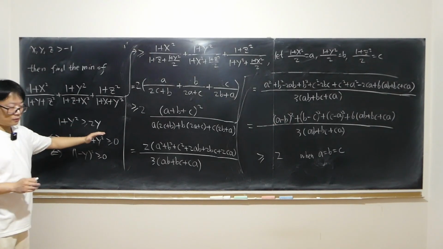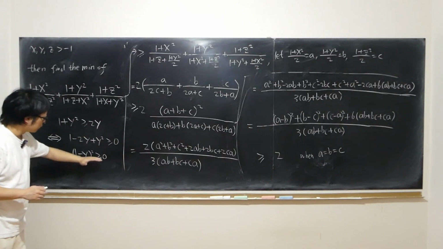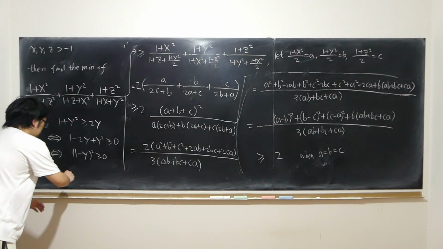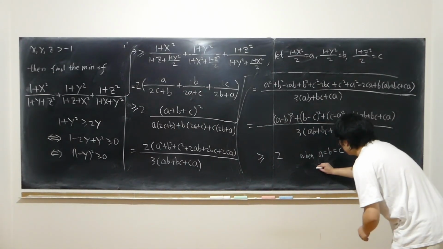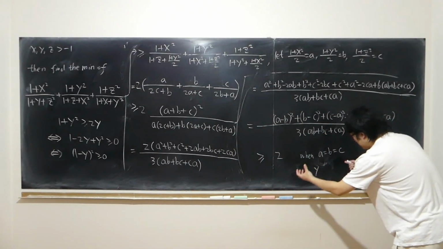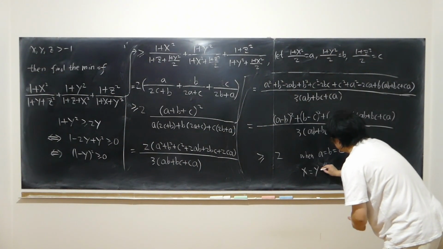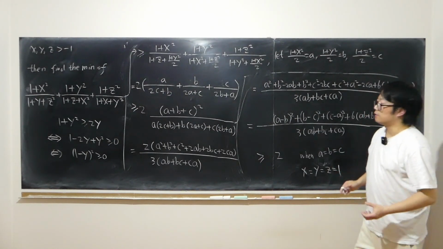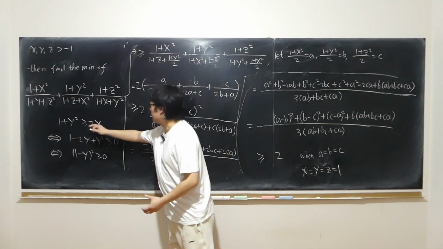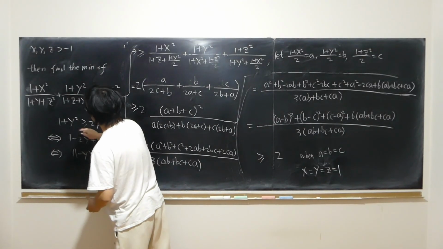Of course, for equality to hold, I need this equality to hold as well. So I require y equal to 1. Likewise, x equal to 1 as well, z equal to 1 as well. The reason is because I also apply this inequality to z and x as well.